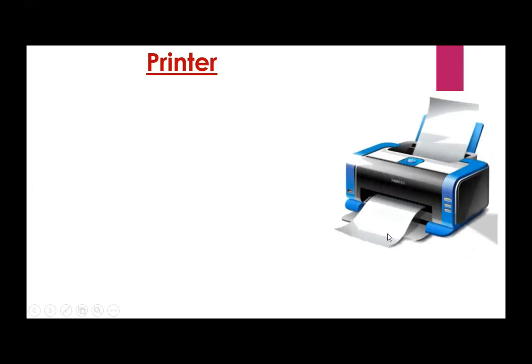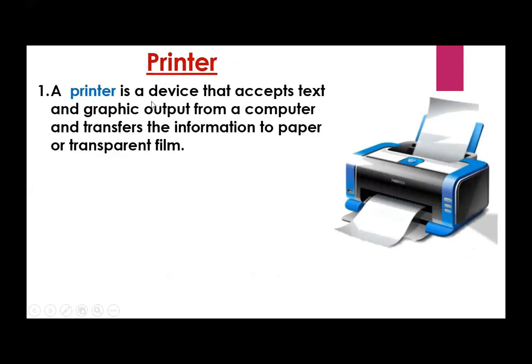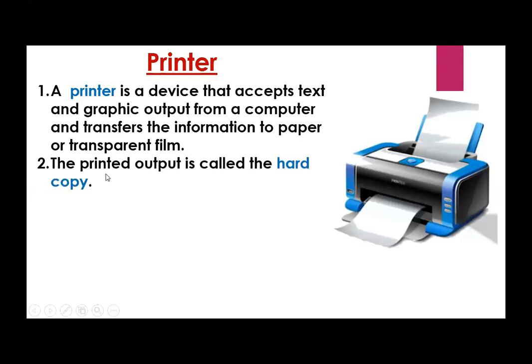Now, printer. This is a picture of a printer. A printer is a device that accepts text and graphic output from a computer and transfers the information to paper or transparent film. The printer output is called a hard copy.